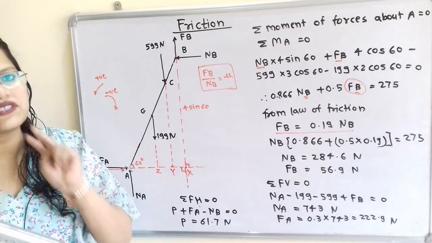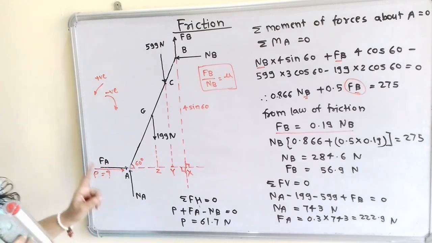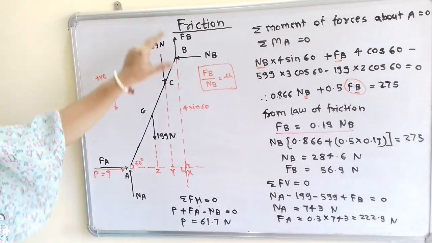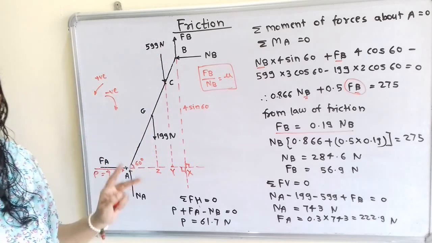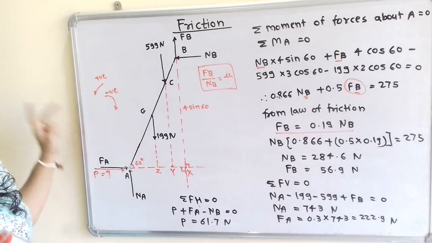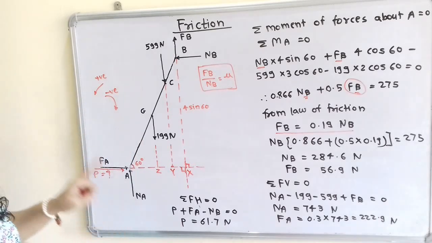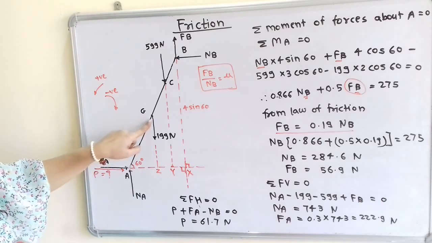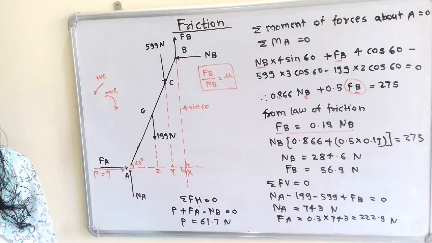Now we have to find three terms: NA, FA and the applied force P. So we will consider the equilibrium of the ladder. At this time the summation of all vertical forces is equal to 0, and the summation of all horizontal forces is equal to 0. So for the summation of all vertical forces, NA is in the upward direction, so we consider the positive sign: plus NA minus 199 minus 599 plus FB is equal to 0.